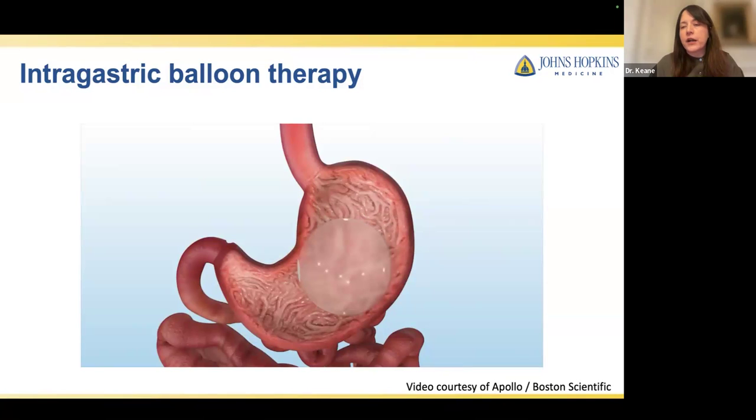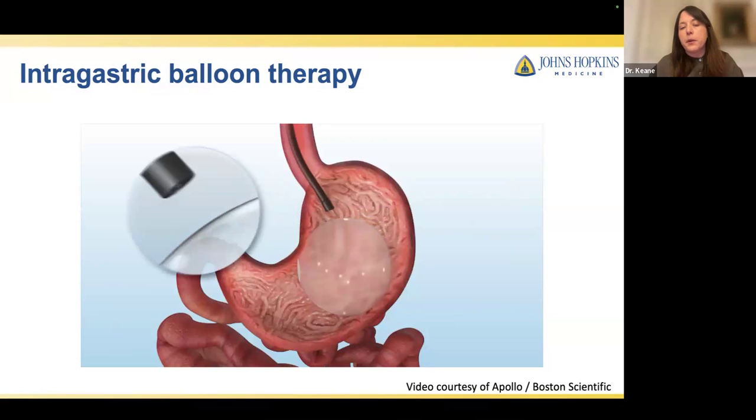Now, the intragastric balloon works in two ways. It fills up a lot of the space in your stomach so you feel more full. It also delays gastric emptying by preventing the stomach from emptying fully. So in two ways, it can really help you feel more full and assist with weight loss.